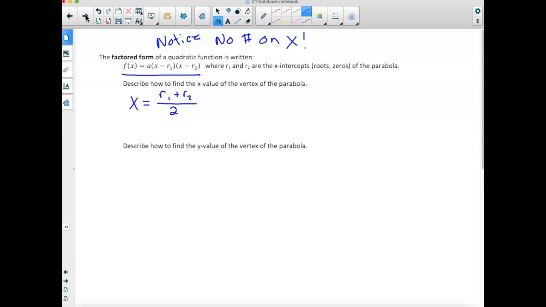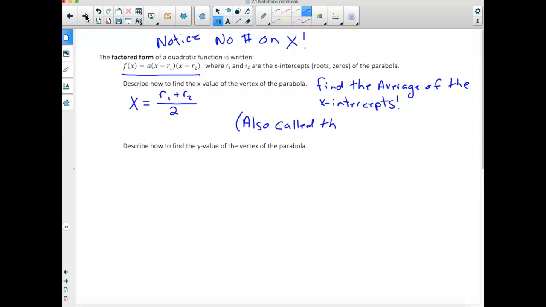Okay? So it is find the average of the x-intercepts, and this is also called the axis of symmetry.